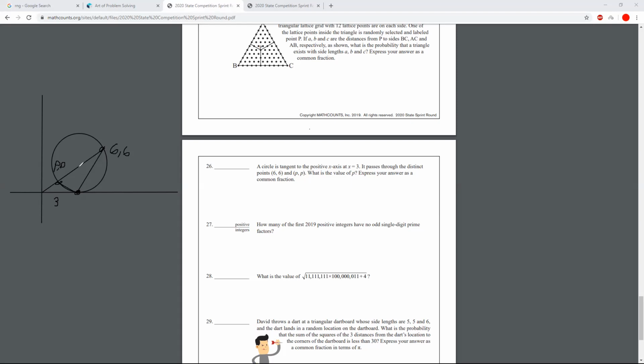There's a couple of theorems that say this angle right here, since it's tangent to a circle, is also equal to this angle. Actually, let's label some of the points first. So let's call this point A. A is the origin right here. The tangent point is going to be B. This P, P is going to be called C, and 6, 6 is going to be called D.